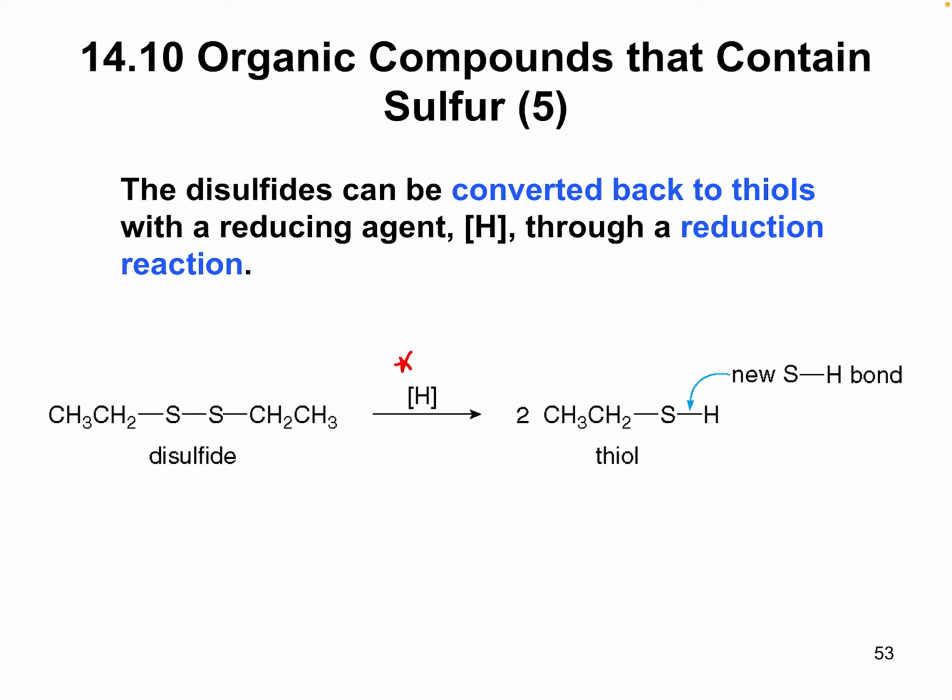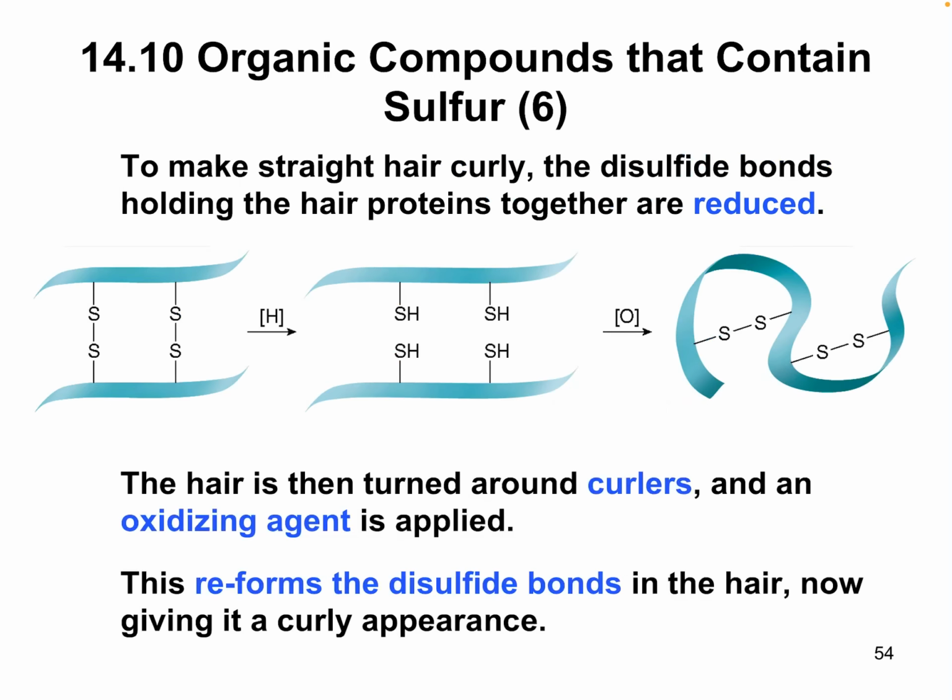We'll come back to that. I'll probably post a short video later on, and we'll do a couple of examples of the reactions from this chapter, and I'll pick a reducing agent that I want to teach you guys about.